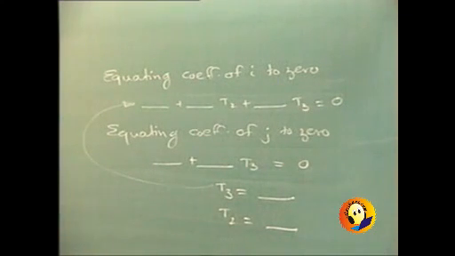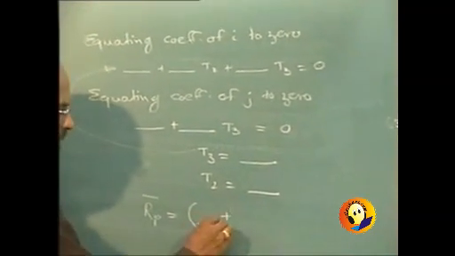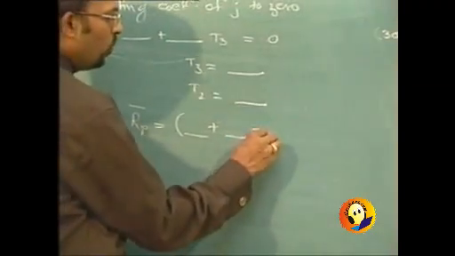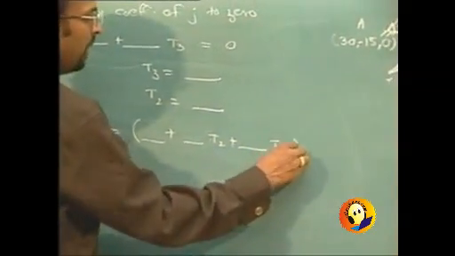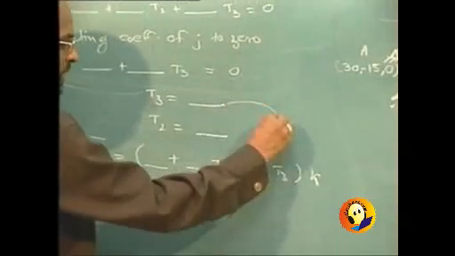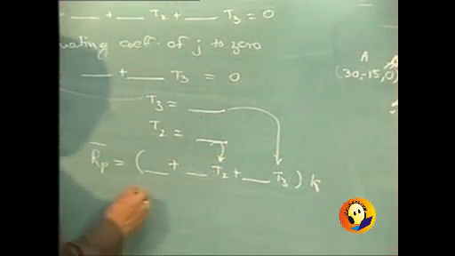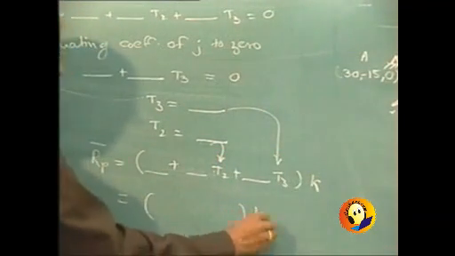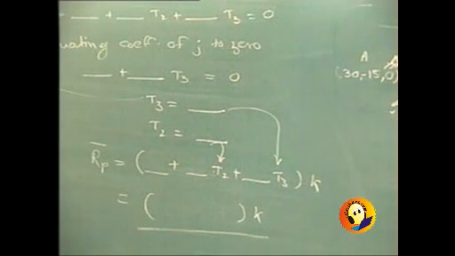So out of the required answers, we will get T2 and T3. And now if we go back to RP, then RP has got some term plus some term into T2 plus some term into T3 k. Just substitute these two values and you will get the numerical answer for resultant force at P.